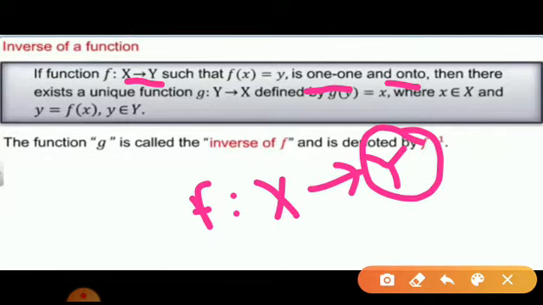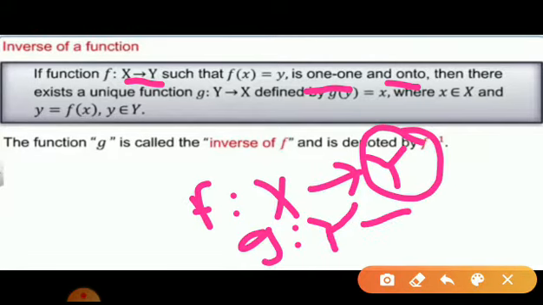Because if the function is onto, then we know that your range should be equal to codomain. So in order to define inverse, I have to define a function g which will be from the range set, that is, here in this case it will be my codomain because it is onto.